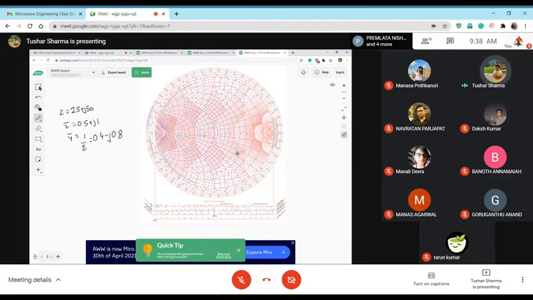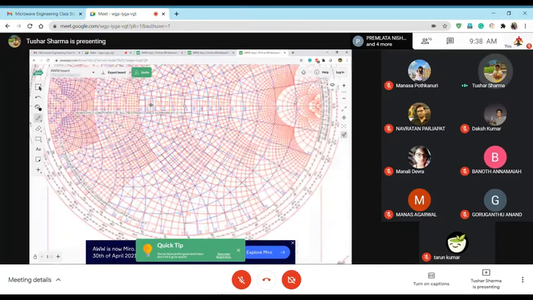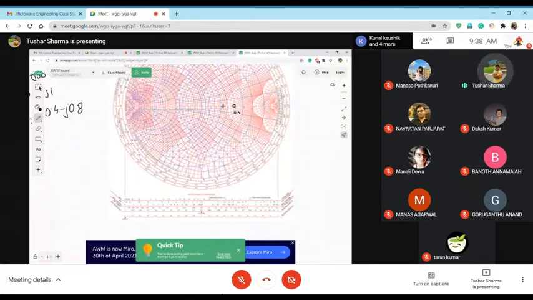That will be your constant conductance circle. So for 0.4 we will not see the red circles, we will see blue circles, and blue decreases here: 1, 0.9, 0.8, 0.7, 0.6, 0.5, 0.4. So this is my 0.4, this circle. And now it says 0.4 minus 0.8.